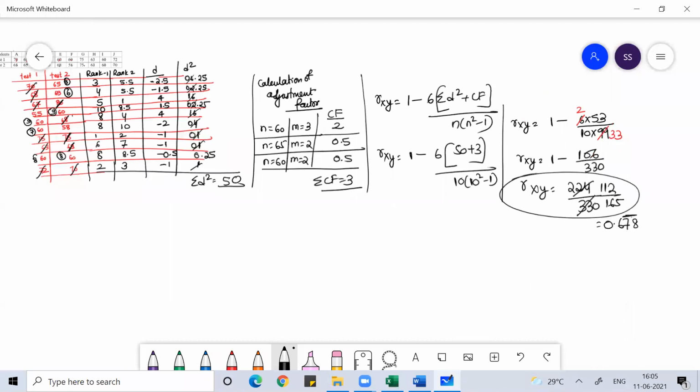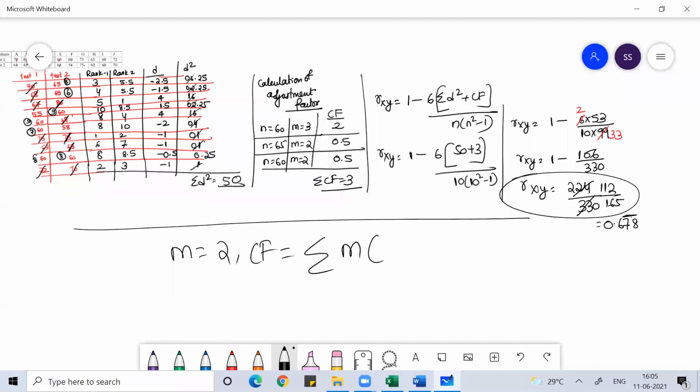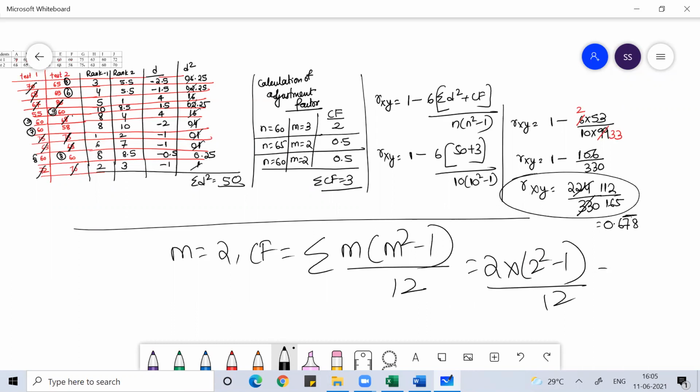Yesterday I told you guys, if your m is 2, then your correction factor will be the sum of m into m square minus 1 by 12. I hope you remember. This would be 2 into 2 square minus 1 by 12, which is 2 into 3 by 12, that is 0.5.